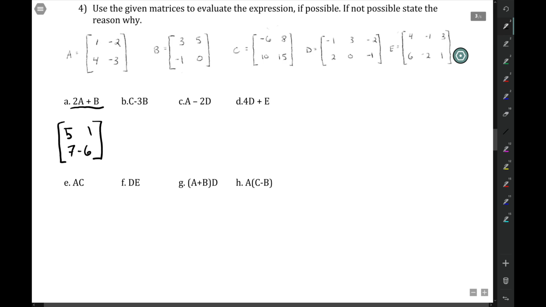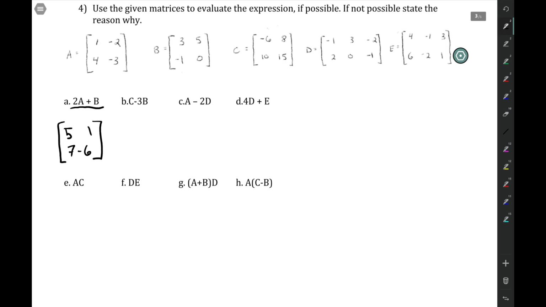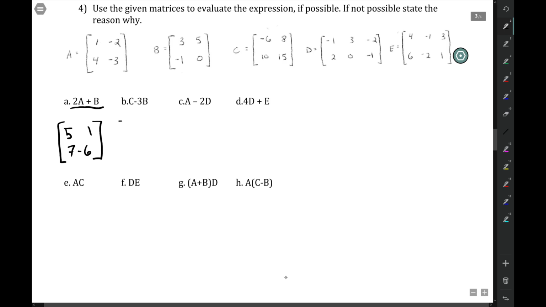3C minus 3B. So really, it's like taking your matrix C, -6, 8, 10, and 15, and subtracting 3 times your B matrix, 3, 5, -1, and 0. That's what's going on.